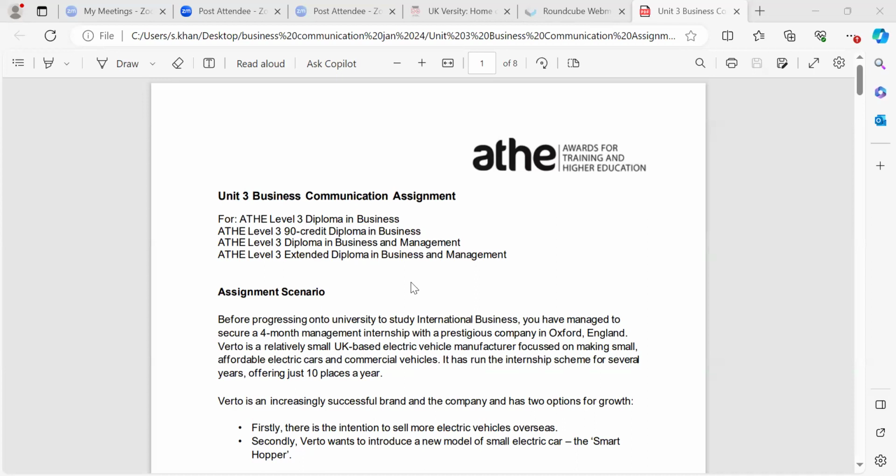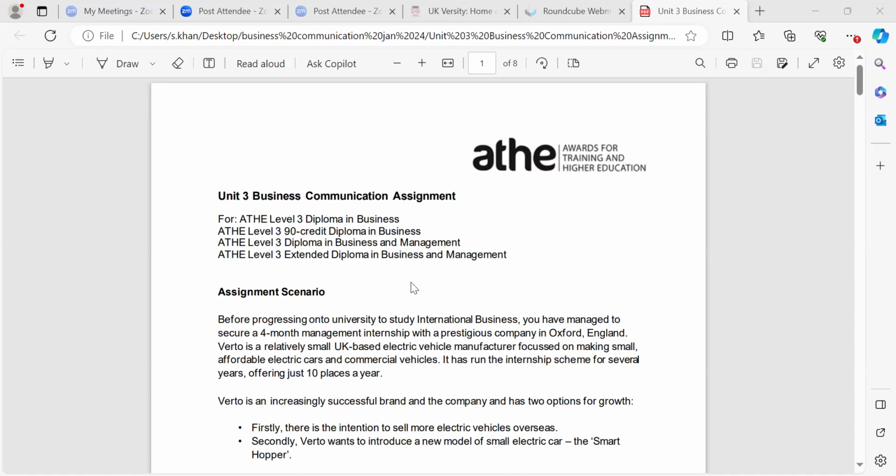In learning outcome 1, we looked at the communication process and the types of communication: formal, informal, verbal, non-verbal. We looked at internal and external communication. For internal communication, we looked at things like face-to-face communication, written communication, and formal meetings.